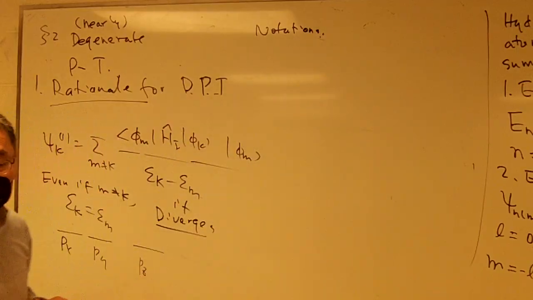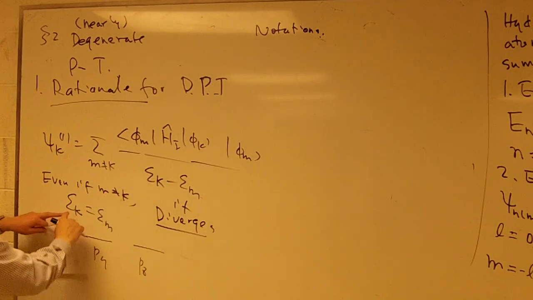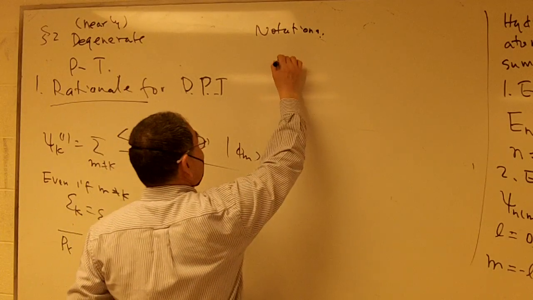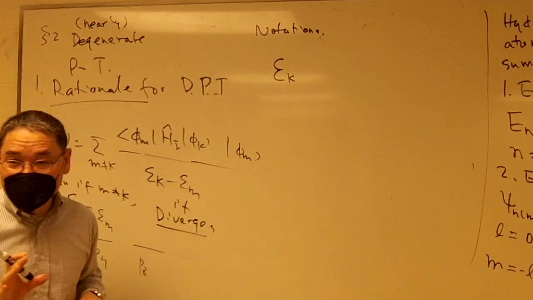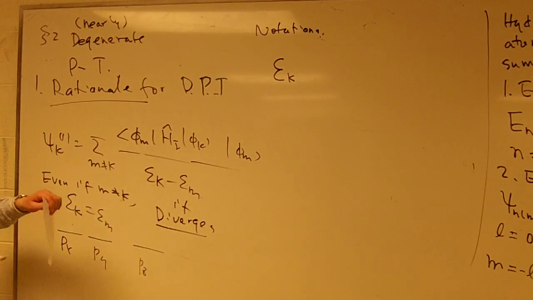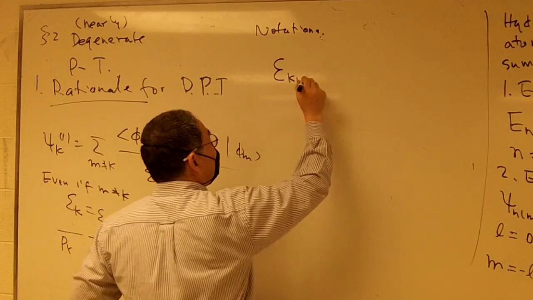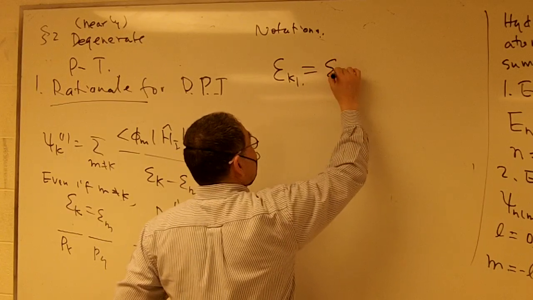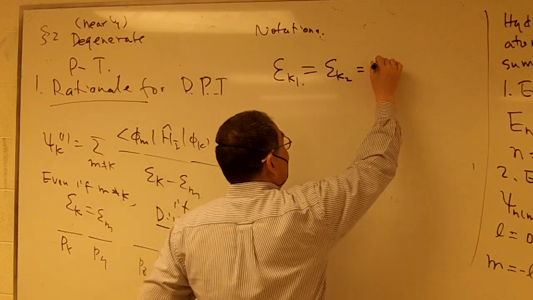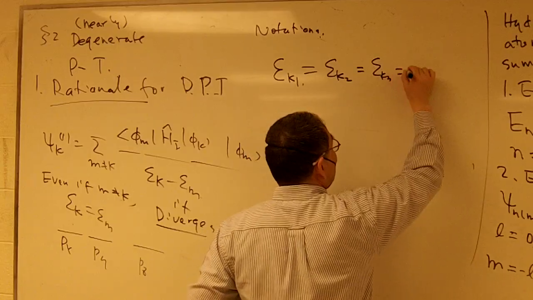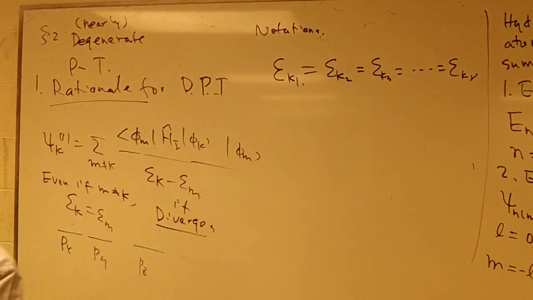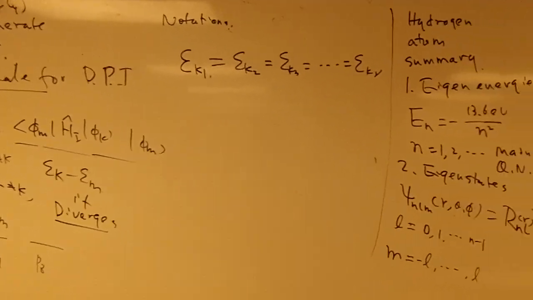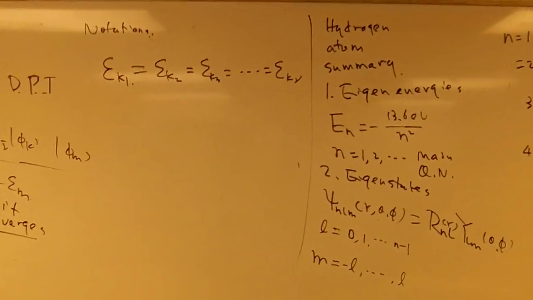So our notation is as follows. The unperturbed wave function we will write with epsilon k, and this k will have an index: epsilon k1, epsilon k2, epsilon k3, up to epsilon k mu, like this. In other words, we have a bunch of these states that have exactly the same energy, all close by.